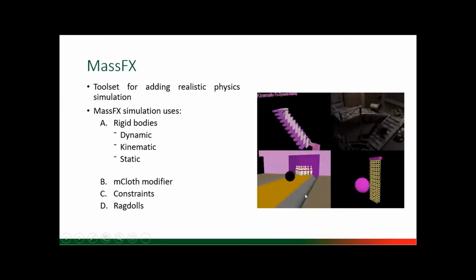Even this simple animation, if we do it manually by keyframe, is a lot of tasks. So by using this MassFX simulation, we just need to set up a few things, and the MassFX simulation engine will do the rest of it.